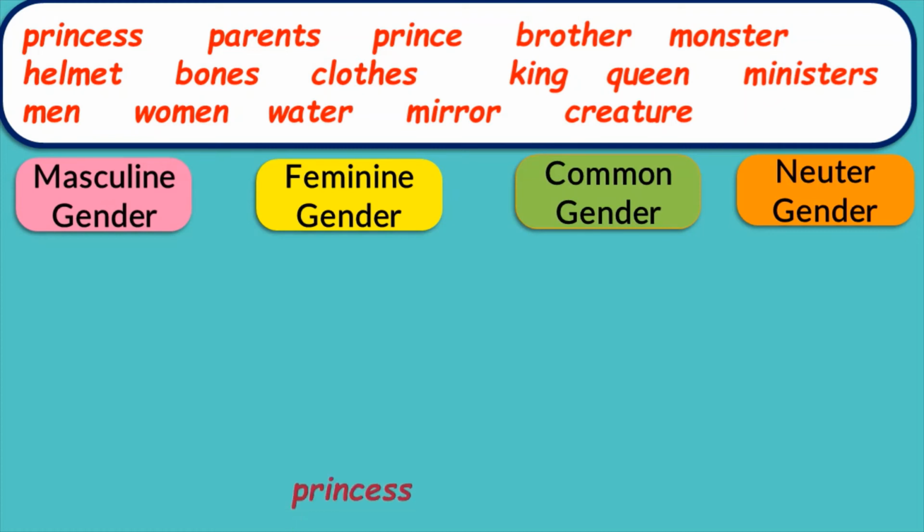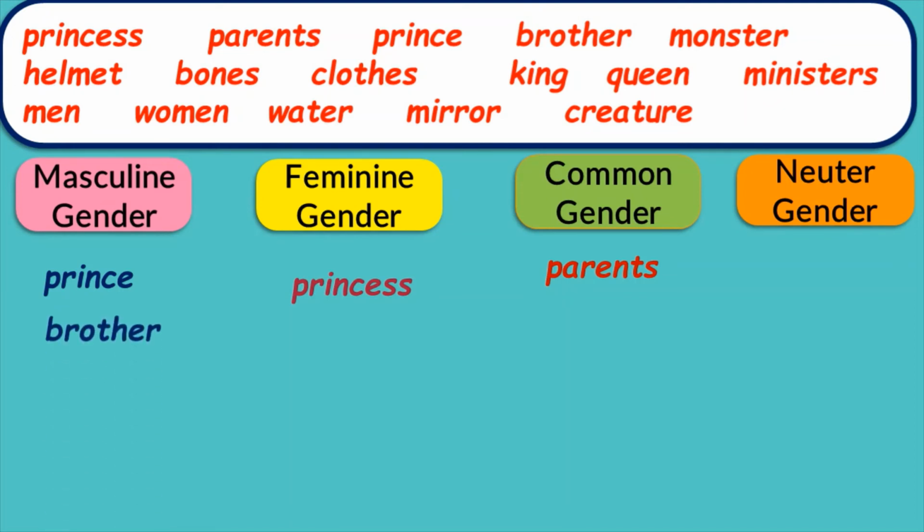First word, princess, feminine gender. Parents, common gender. Prince, masculine gender. Brother, masculine gender. Monster, masculine gender. Helmet, neuter gender. Bones, neuter gender. Clothes, neuter gender.